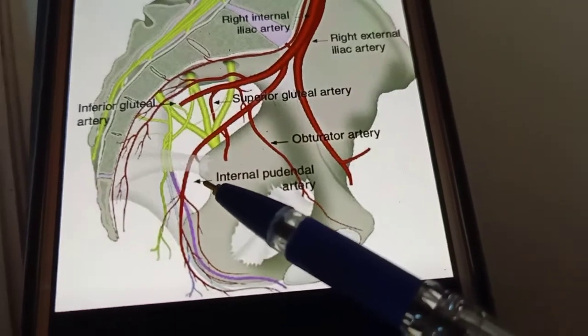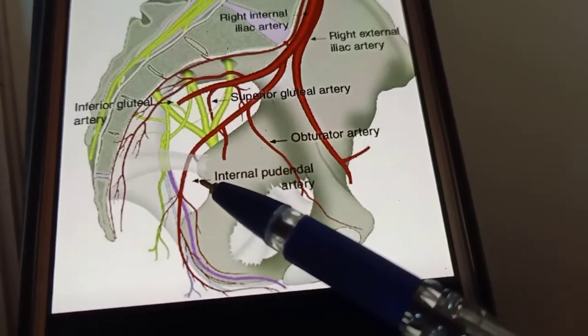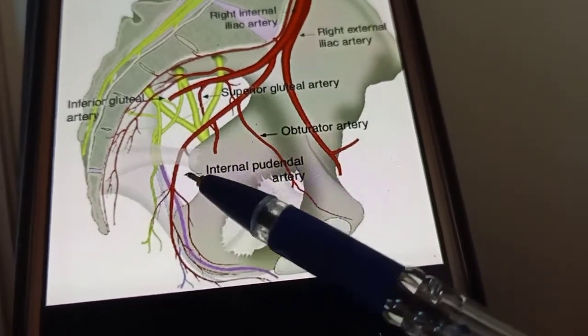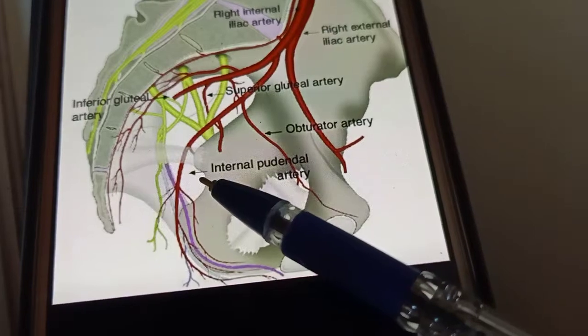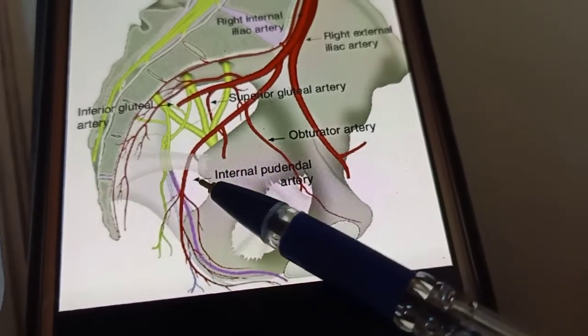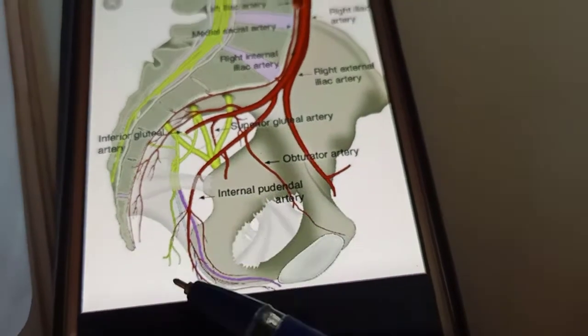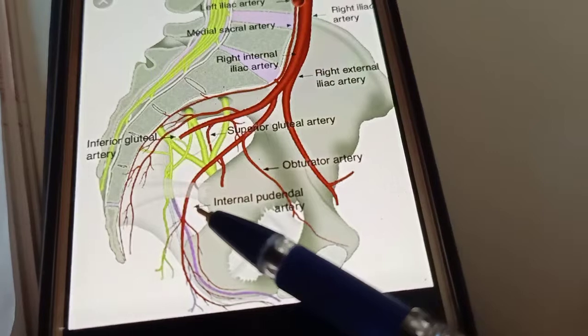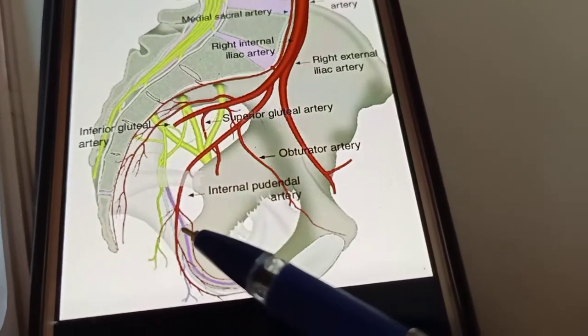This is the lesser sciatic foramen. After a short course in the gluteal region, it will pass through the lesser sciatic foramen, crossing the dorsal surface of the ischial spine. This is the ischial spine, and it is in relation to the pudendal nerve.